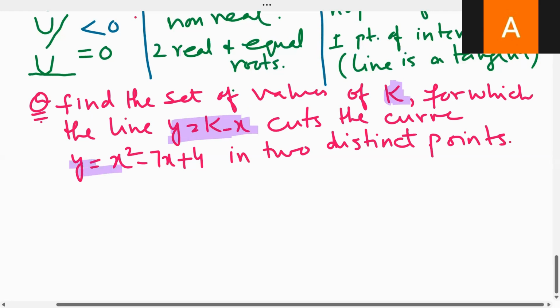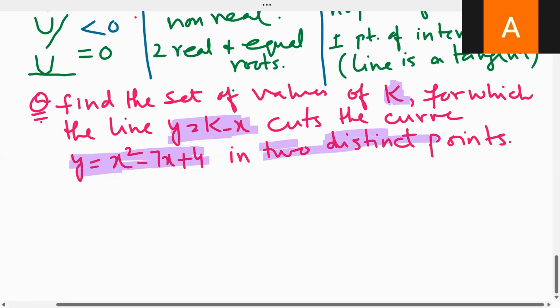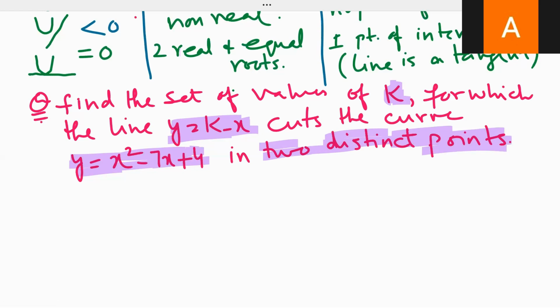Then you are given the equation of the curve, y equals x squared minus 7x plus 4, and it is written that the line and the curve intersect at two distinct points. Now you have to note down the steps. First, you will solve this line and curve simultaneously. You can substitute the value of the line, y equals k minus x, in the second equation, which represents the equation of the curve.